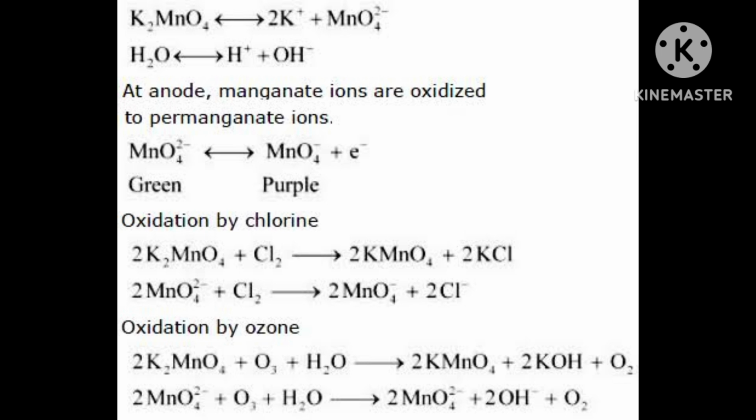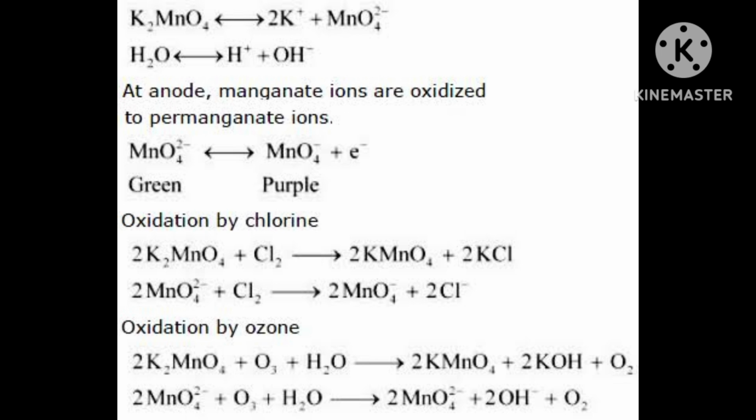In H2S, S was -2, now it became 0 in the product. 3S means S is 0, so here it lost electrons. One H2S will lose 2 electrons, then 3H2S lose 6 electrons. That's why the balanced equation is 3H2S gives 6H+ plus 3S plus 6 electrons.